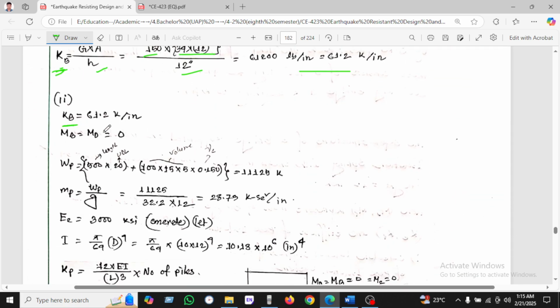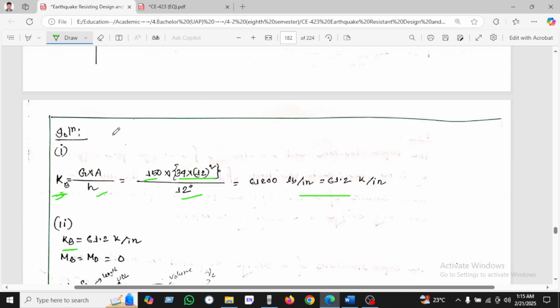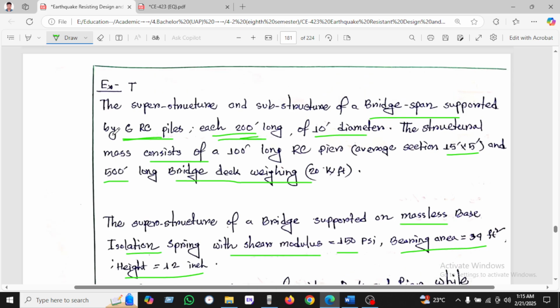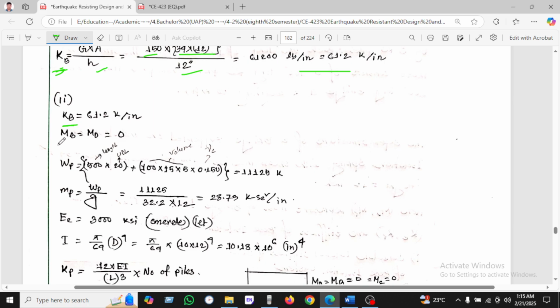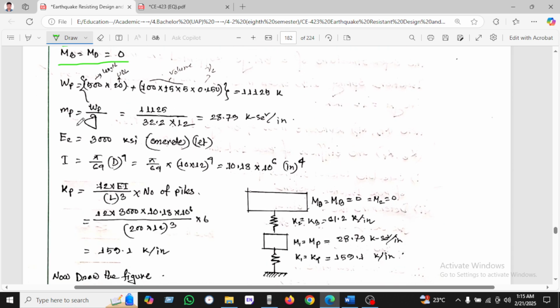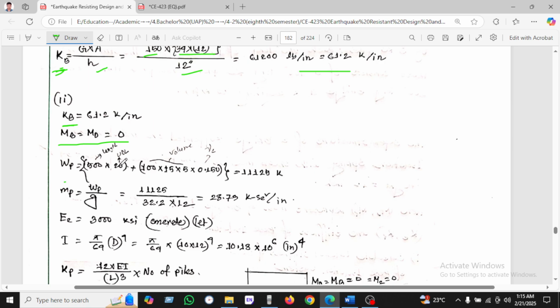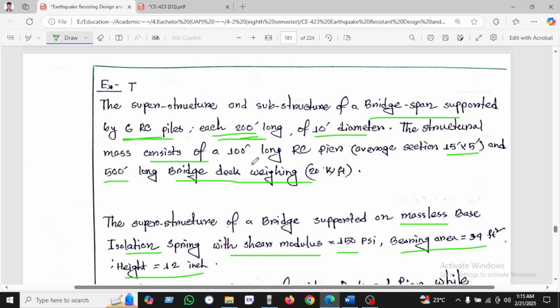So we know K_B equals the given 61. It is given, and M_D is 0, and for W_P we know the length is 500 feet.